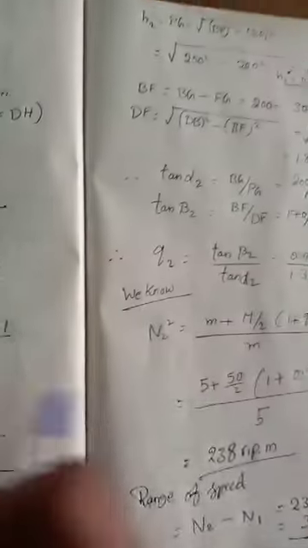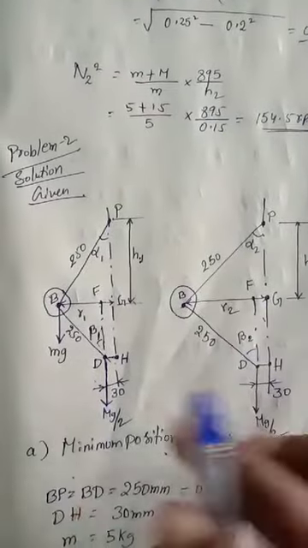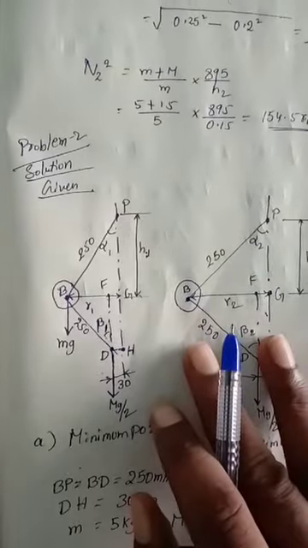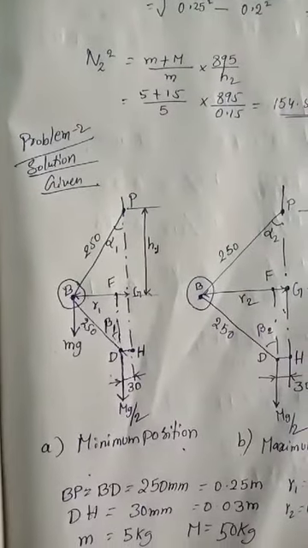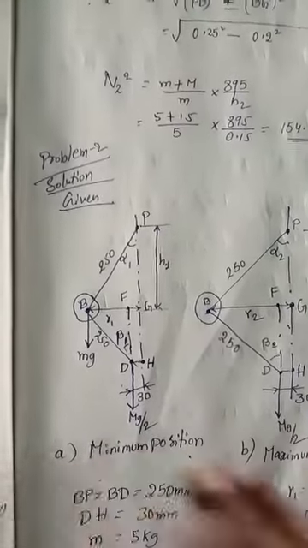Okay, so this is the procedure to solve the Porter governor. The main thing is you must be able to draw this diagram. Mainly this diagram is the important thing in this type of problem. Okay, we will see some more problems in the next class. Thank you.